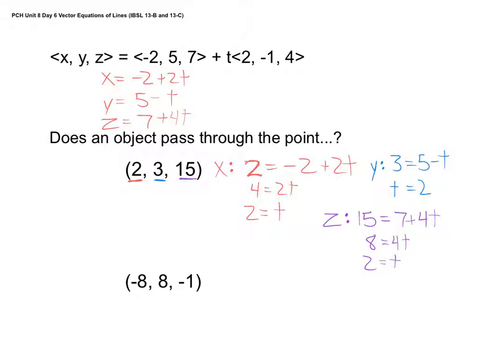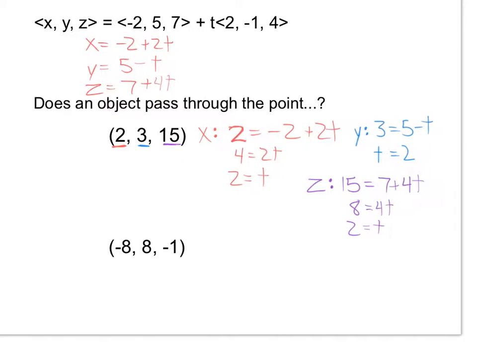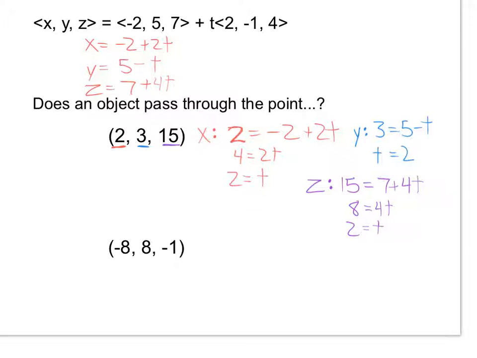So, is this point on the line? Yes, because my x, y, and z will equal those values at the same time. They've gotta all equal the same thing. It's not good enough just to have x and y the same and z different. You gotta have all three.